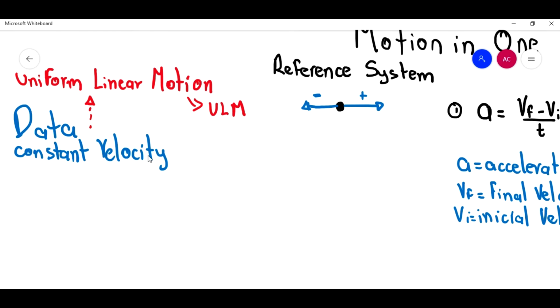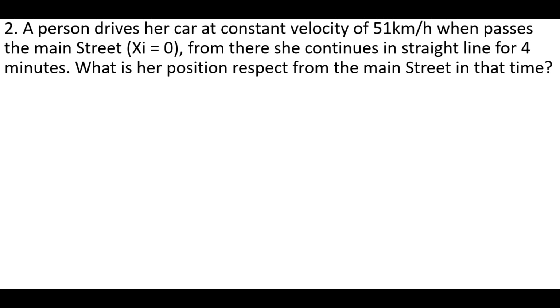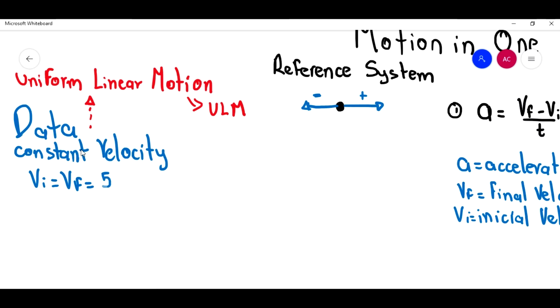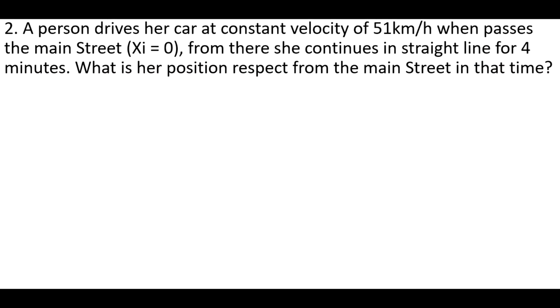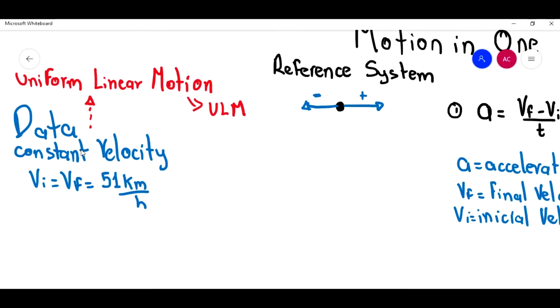Okay, so when we've got constant velocity, that means that the initial velocity equals the final velocity. So in this case, the velocity is 51 kilometers per hour. I repeat, if the problem says constant velocity, that means that the velocity is not going to change. And another important thing, if the velocity is constant, that means the acceleration equals 0 meters per second squared.